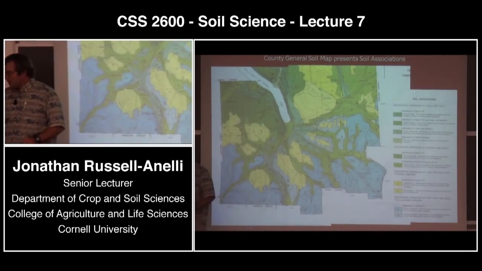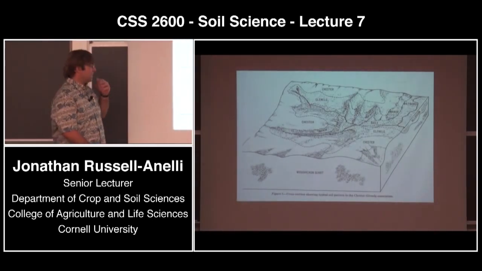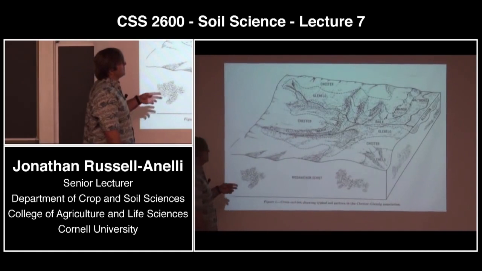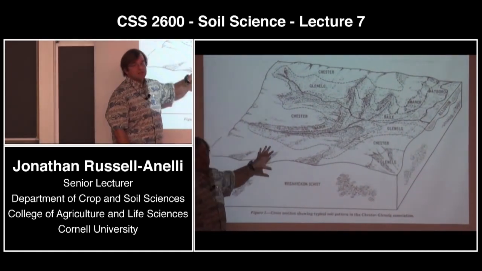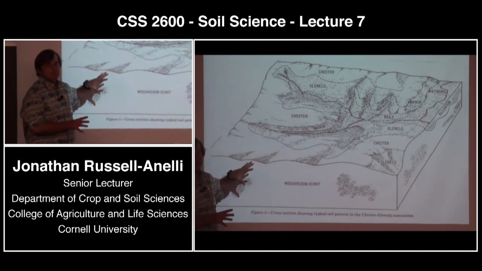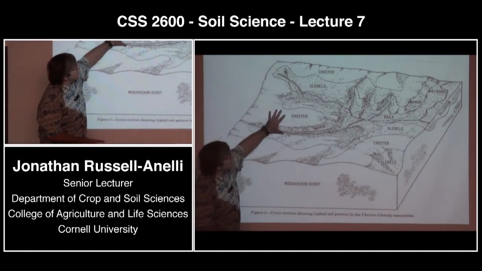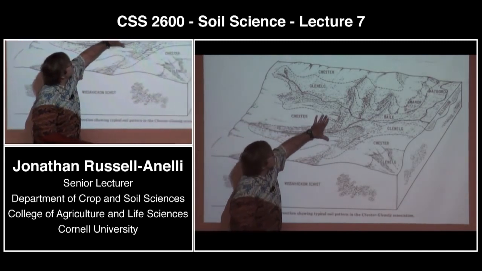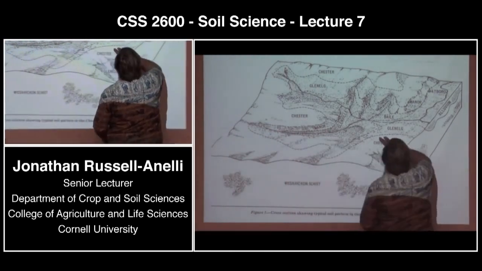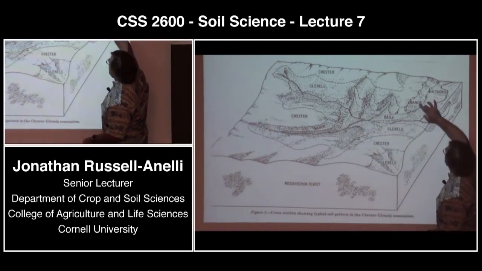Another way of looking at this is the Chester-Glenelg association. This is from Maryland. Basically, you're looking at a landscape concept. This is where these soils are found in this landscape. Higher elevations, Chester, going down into Manors on the edges. Some Glenelgs at shallower slopes, going all the way down into these Bales and the Hatboroughs.